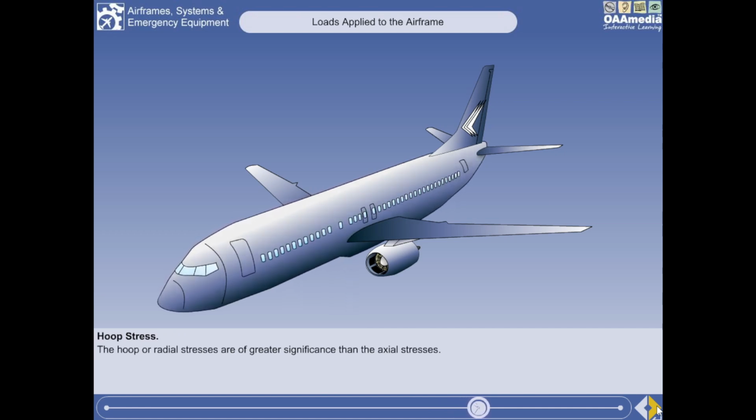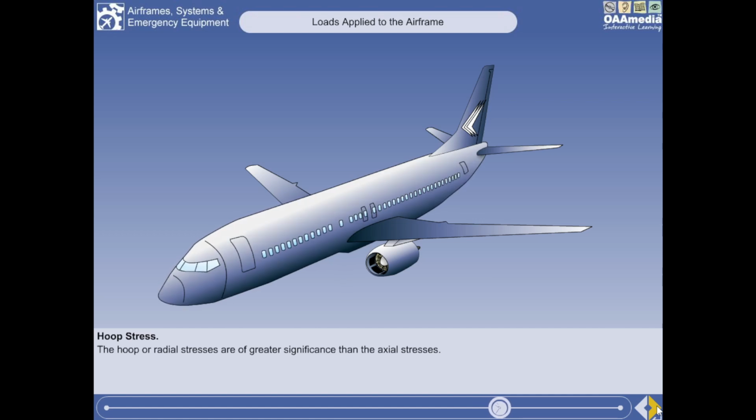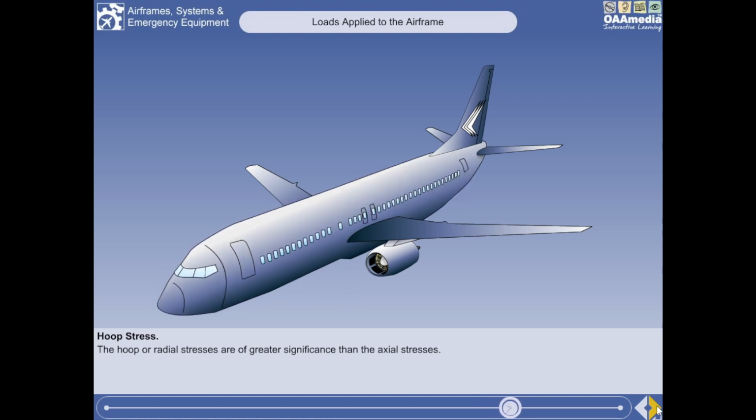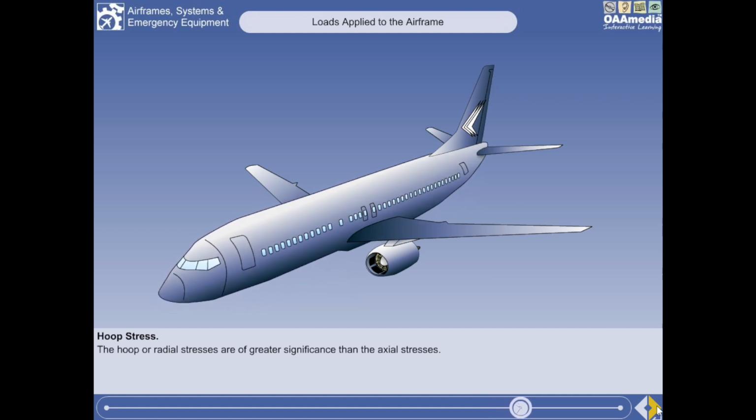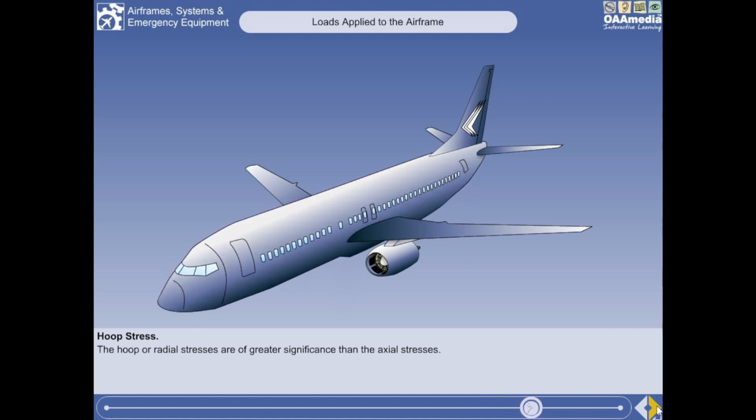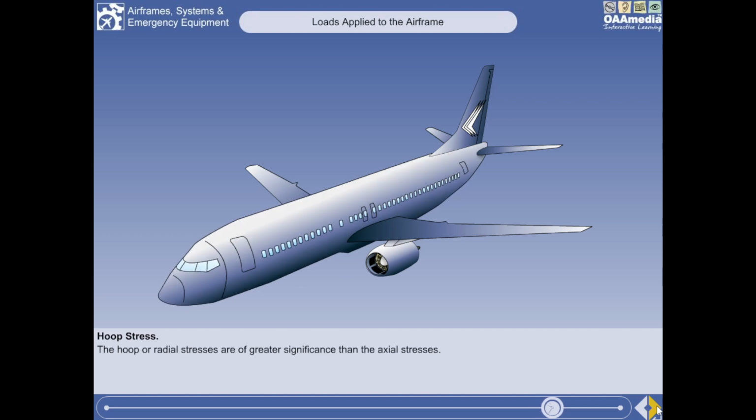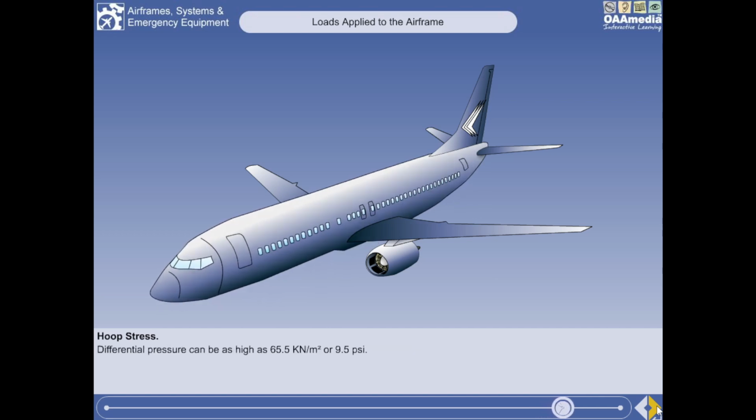Hoop or radial stresses, also caused by pressurizing the fuselage, tend to expand the fuselage cross-section area. The hoop or radial stresses are of greater significance than the axial stresses. The differential pressures that set up these stresses can be as high as 65.5 kilonewtons per square meter, or 9.5 pounds per square inch.